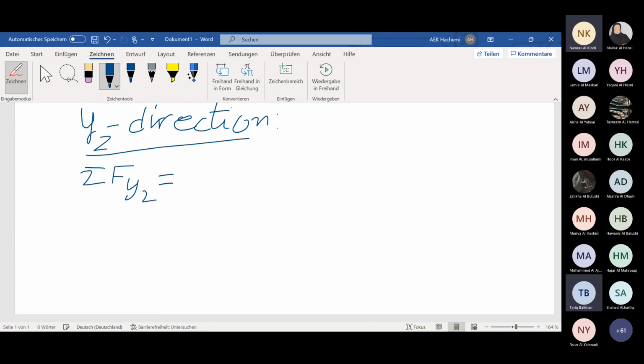It's equal to n minus m2 multiplied by g cosine alpha, and this is equal to m2 y double dot 2.